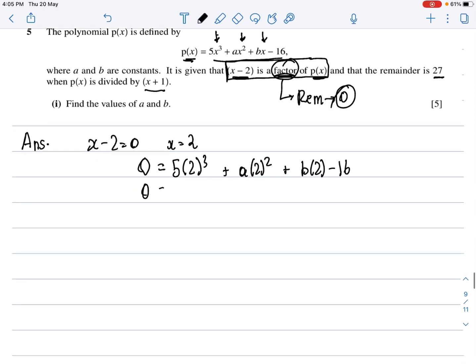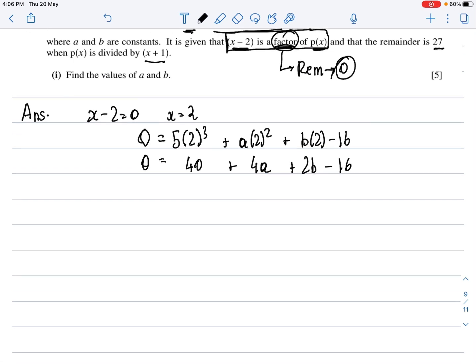So 0 basically is equal to 5 into 2 cube, which is 40. 5 into 8 is 40 plus 4a plus 2b minus 16. So now I can basically write this as minus 40 plus 16 is equal to 4a plus 2b.